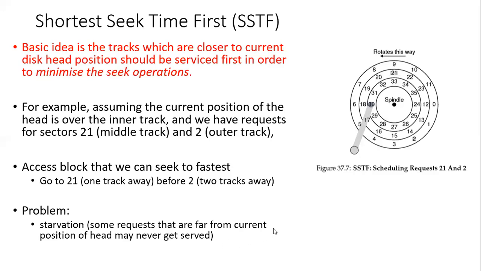It may happen that we keep getting new requests, and all of them are nearer to the head. The requests at blocks far from the head will not get a chance to be served. So starvation is the major problem in this.